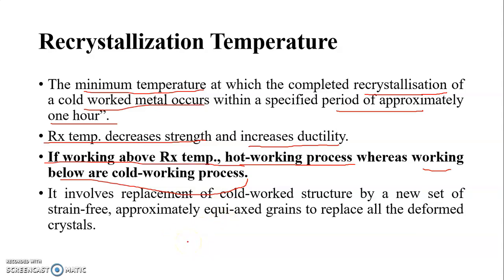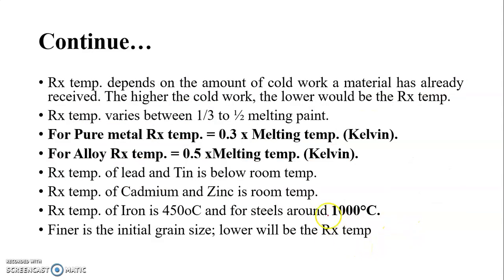It involves the replacement of the cold worked structure by a new set of strain-free, approximately equiaxed grains to replace all the deformed crystals. Recrystallization temperature depends upon the amount of cold work the material has already received.